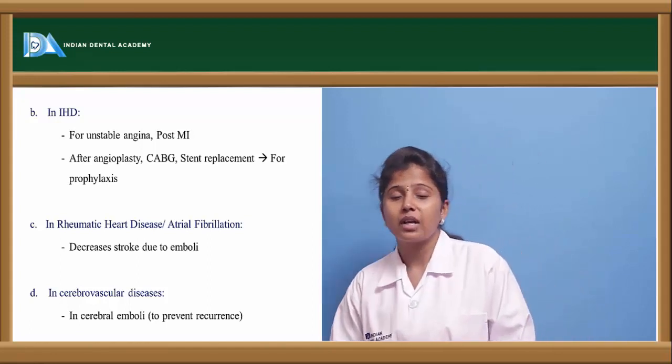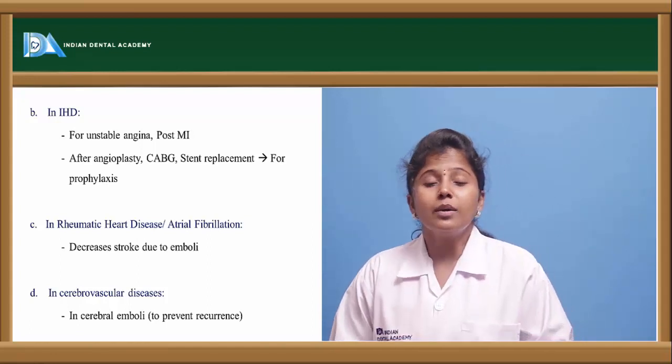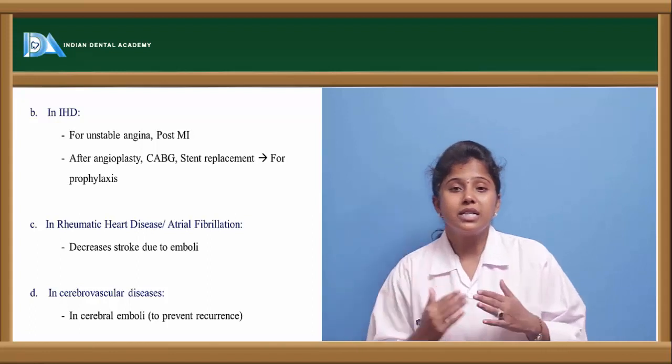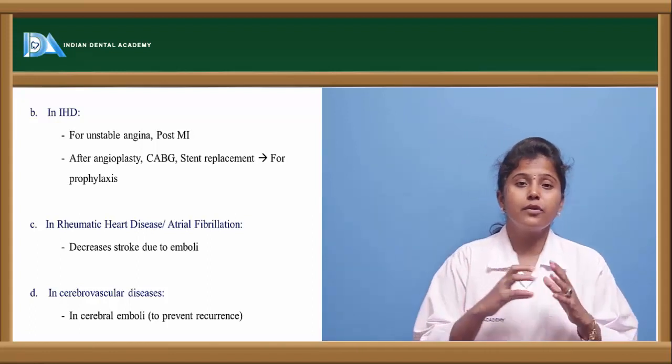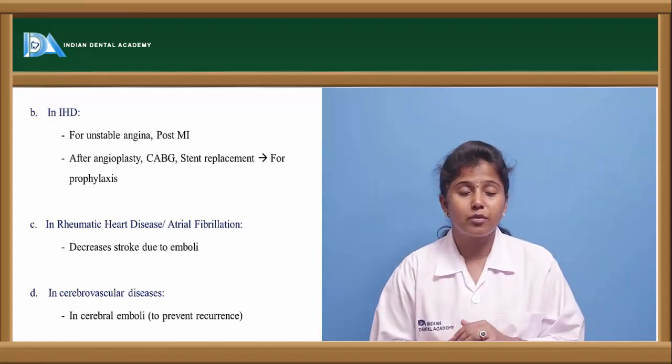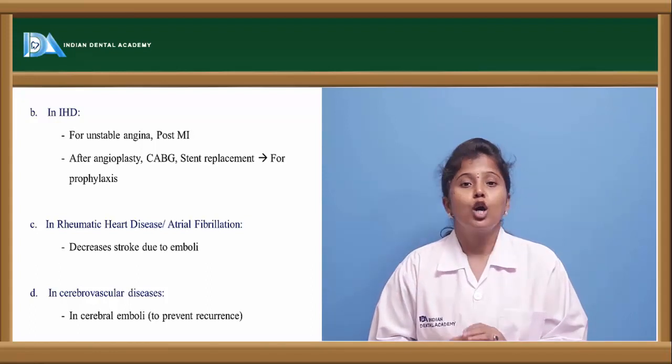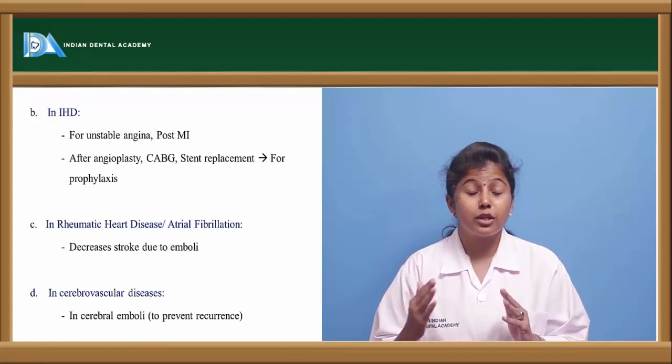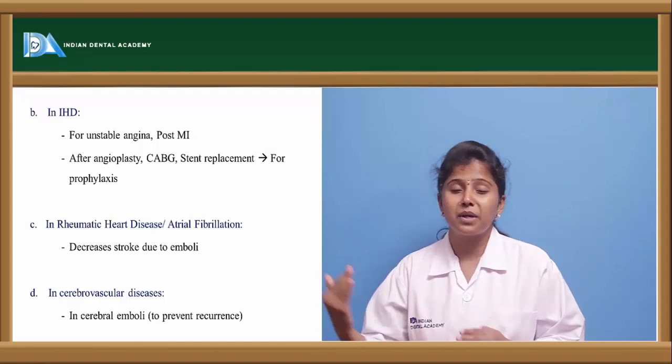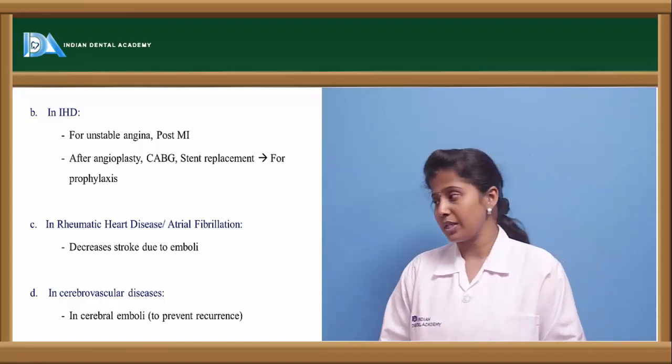An embolus is again a clot formation, and because of the embolus formation, stroke occurs. So the events of stroke can be reduced in rheumatoid arthritis by this heparin.